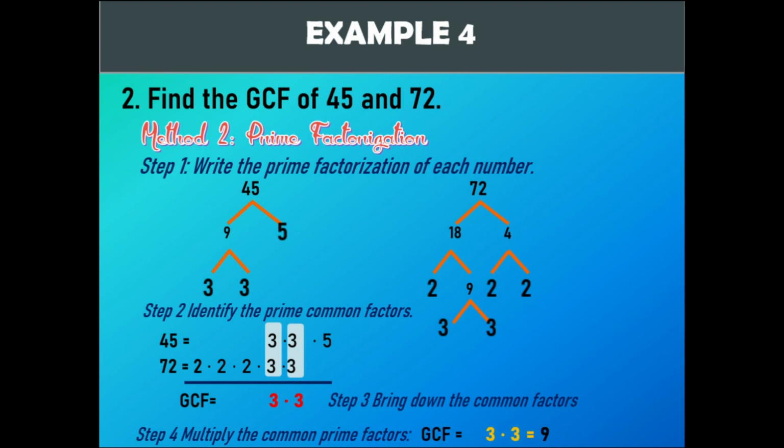We have GCF of 45 and 72 is equal to 3 times 3 equals 9. Then we can state 45 and 72 as multiples of 9, as 45 is equal to 9 times 5 and 72 is equal to 9 times 8.